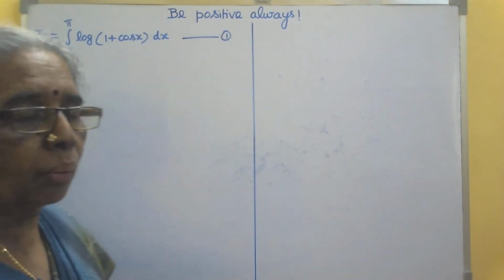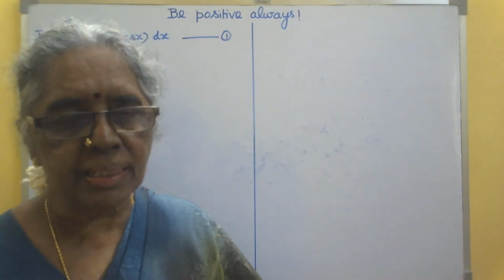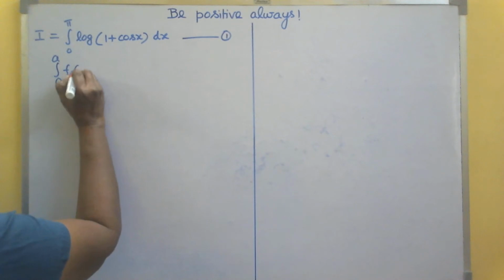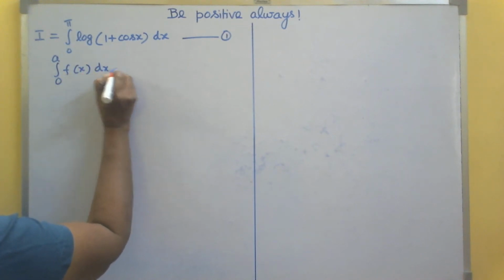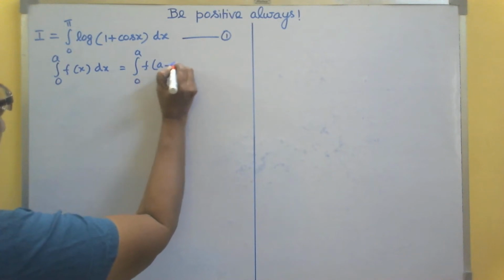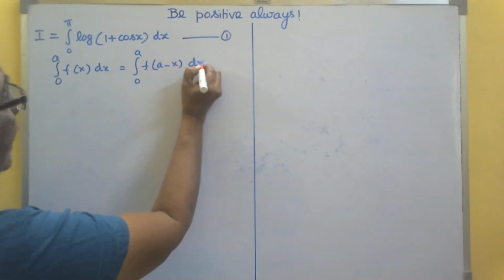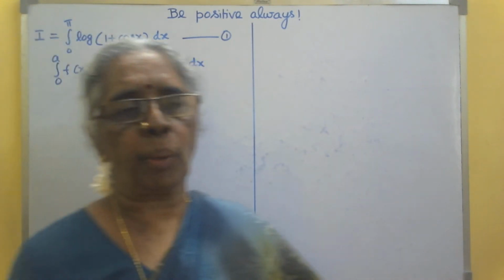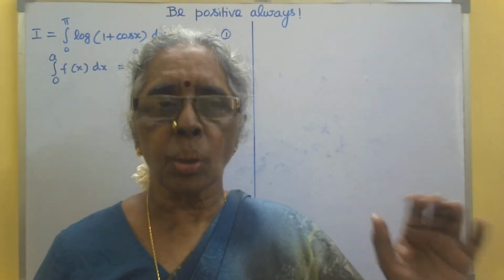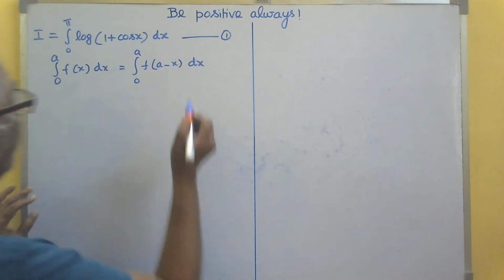Now I am going to use the property integral 0 to a f of x dx is equal to integral 0 to a f of a minus x dx. Because if I use that property, I will get cos pi minus x is equal to minus cos x. So now I will write again.